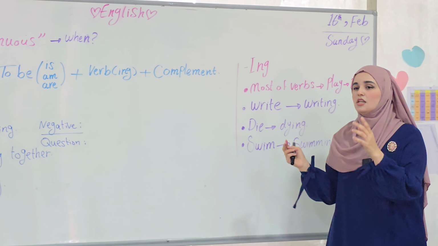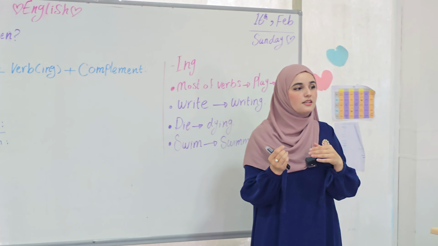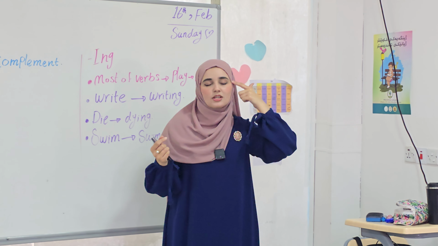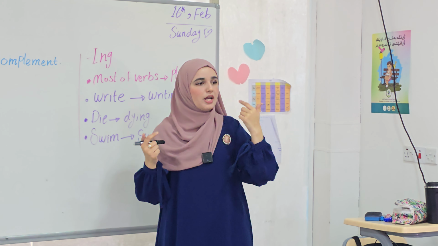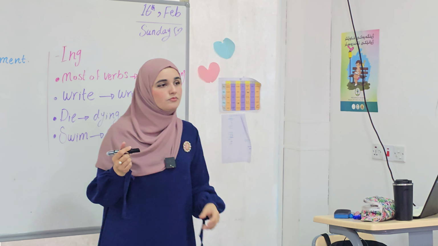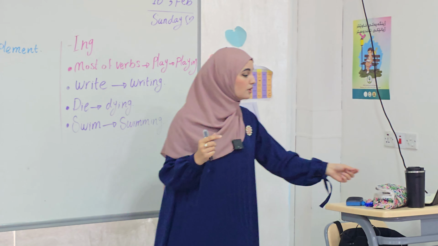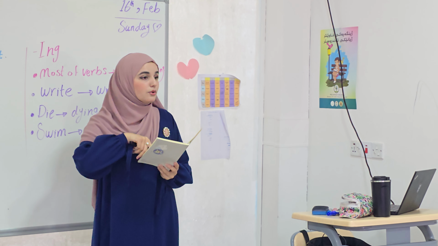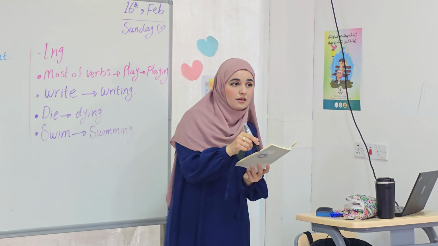Okay, so can you give me a sentence? Think about something you are doing right now. Yes, Aya? I'm reading a book. So if Aya is reading a book, at that moment, I'm reading a book, okay? Or I'm writing.